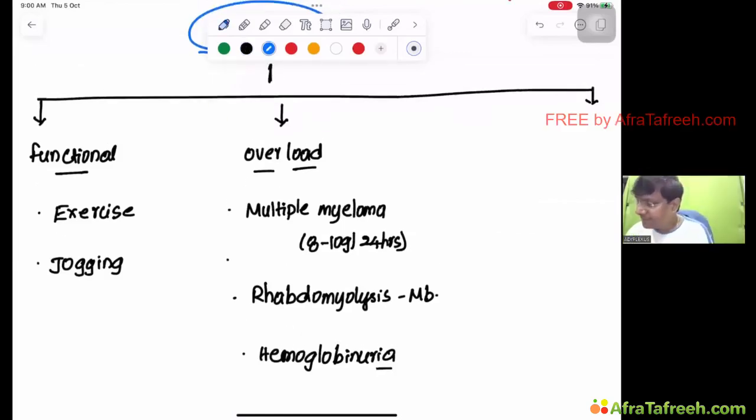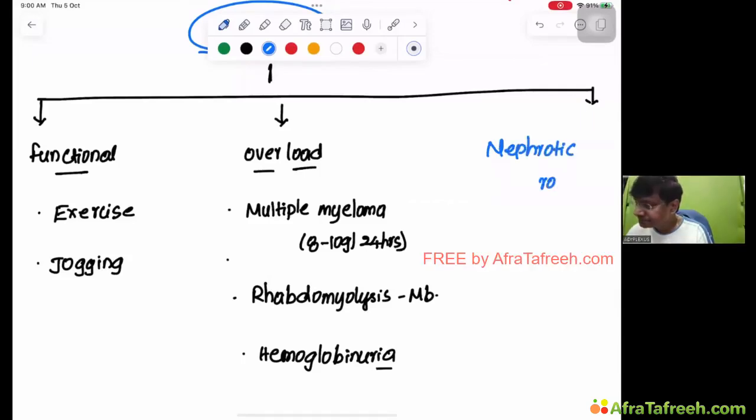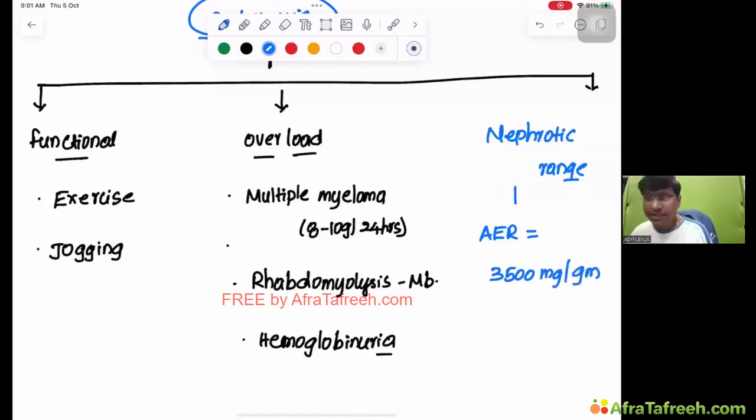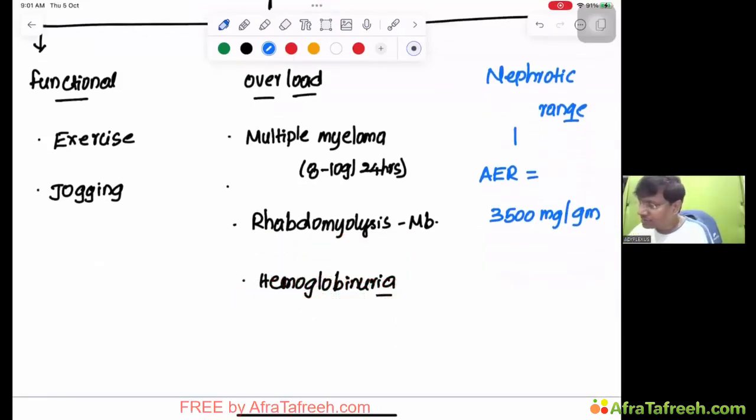Next, lastly, nephrotic range proteinuria. How much is that? The albumin excretion rate is more than 3,500 milligrams per gram of creatinine excretion. And what are the conditions where you will have nephrotic range proteinuria?